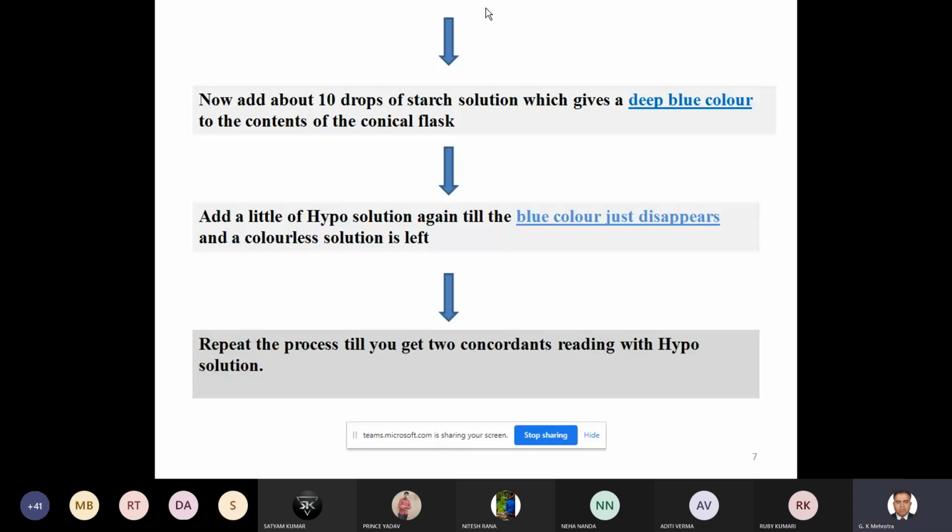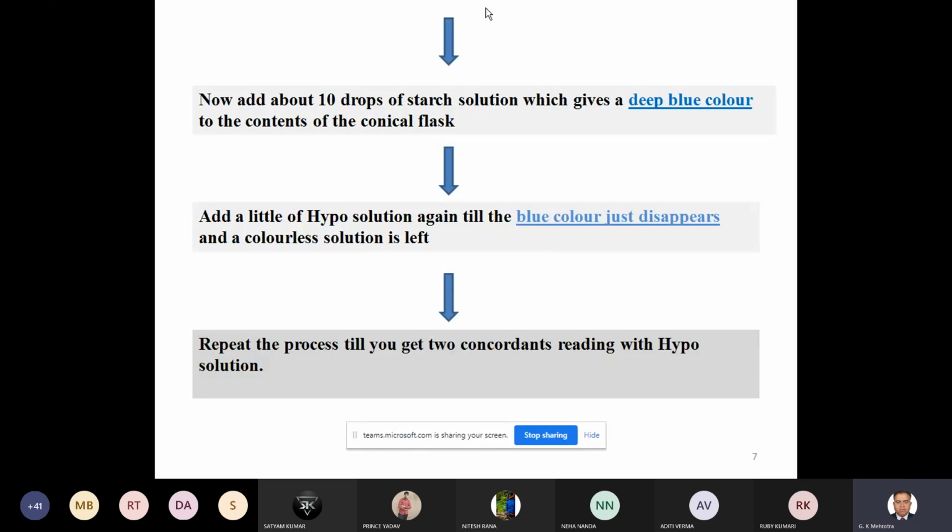Then on repeating it, we have got 25.4. Then again we will have to take another third run of the titration, repeating everything from the very beginning, pipetting out 25 cc of your bleaching powder suspension, and then adding KI, and so on.